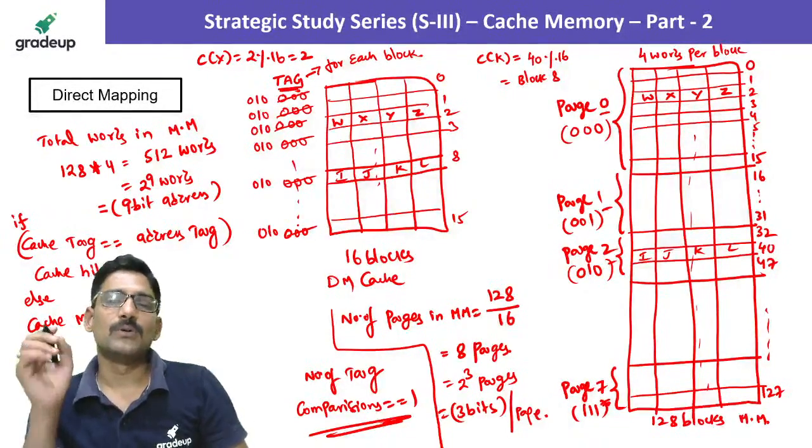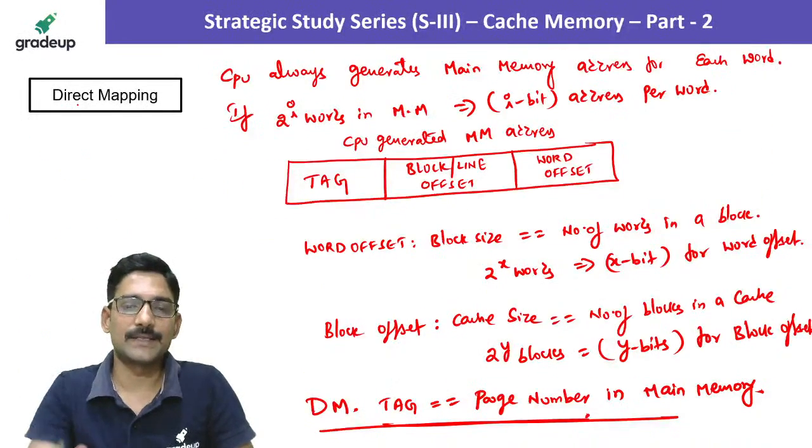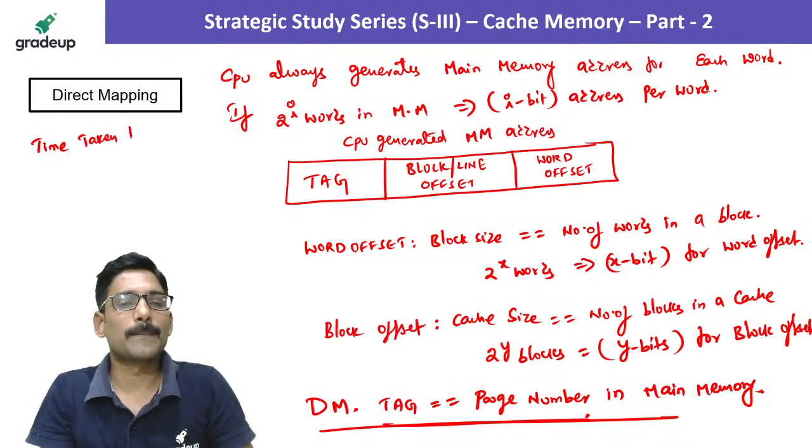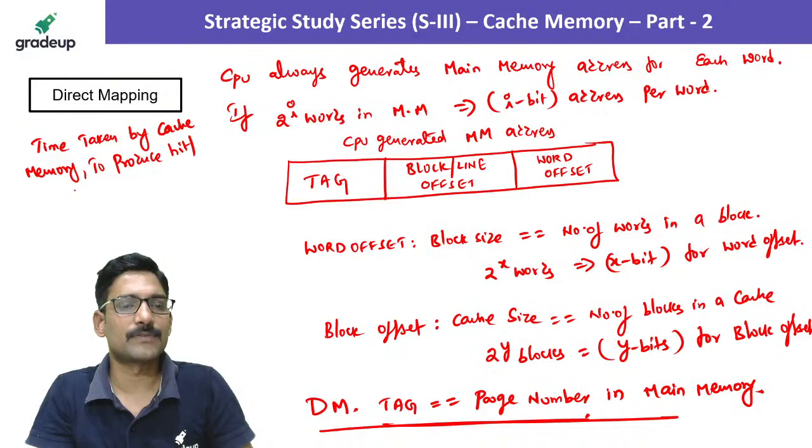So now the time taken by cache memory to produce hit or miss. This is the status of the request.